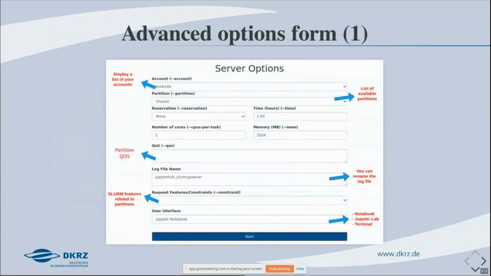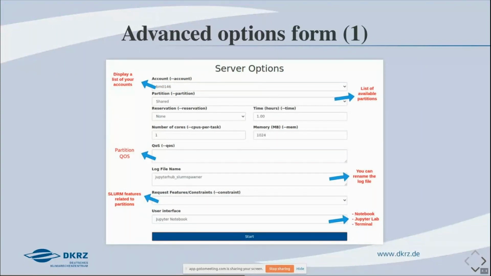And for advanced users, we have the advanced spawner options. This options form allows you to customize many parameters. For example, you can choose which Jupyter interface to start with, classic Jupyter or Jupyter Lab, and you can also modify many Slurm parameters.